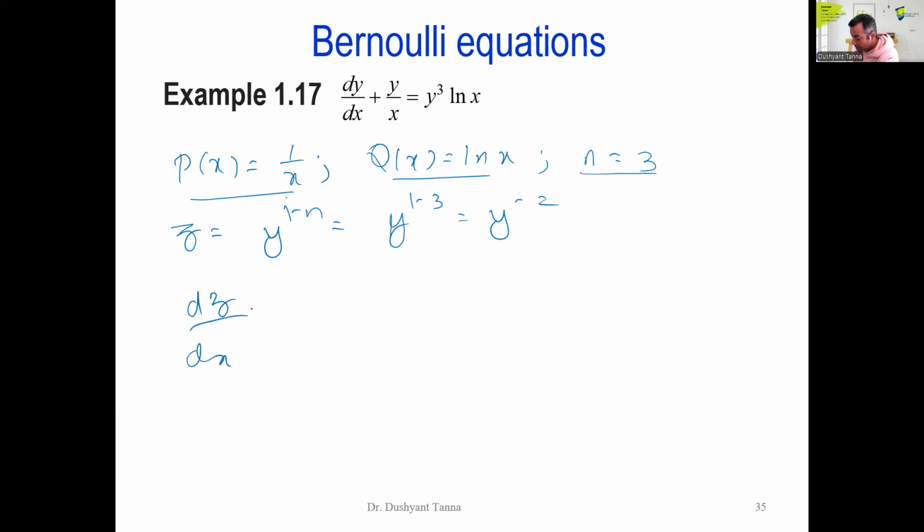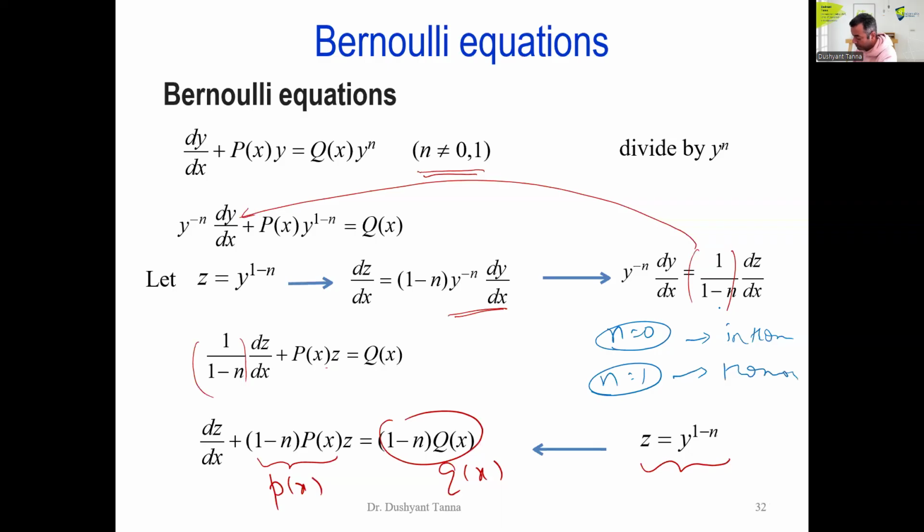dz by dx plus (1 minus n) P(x) z is equal to (1 minus n) Q(x), following it from the theory here. Yeah, this bit. And then we will call it small p and small q.